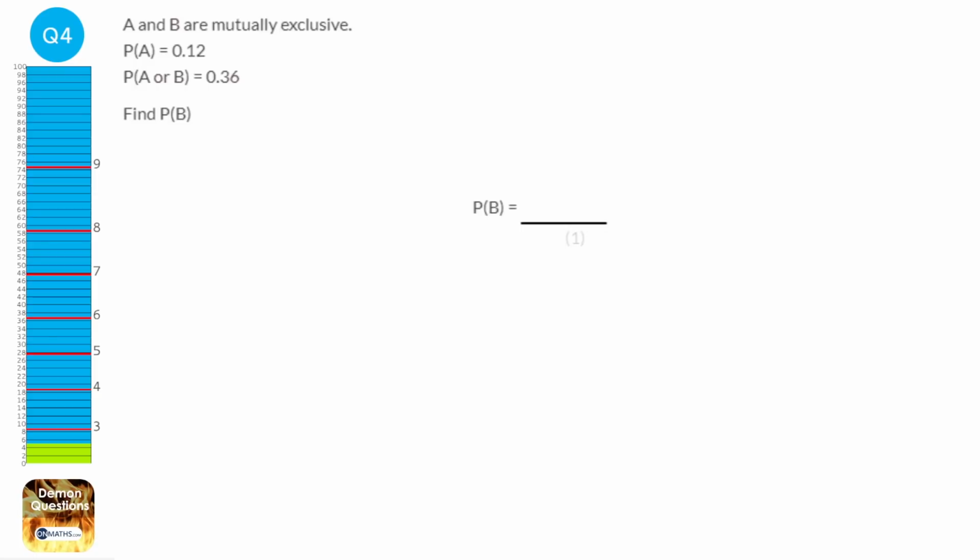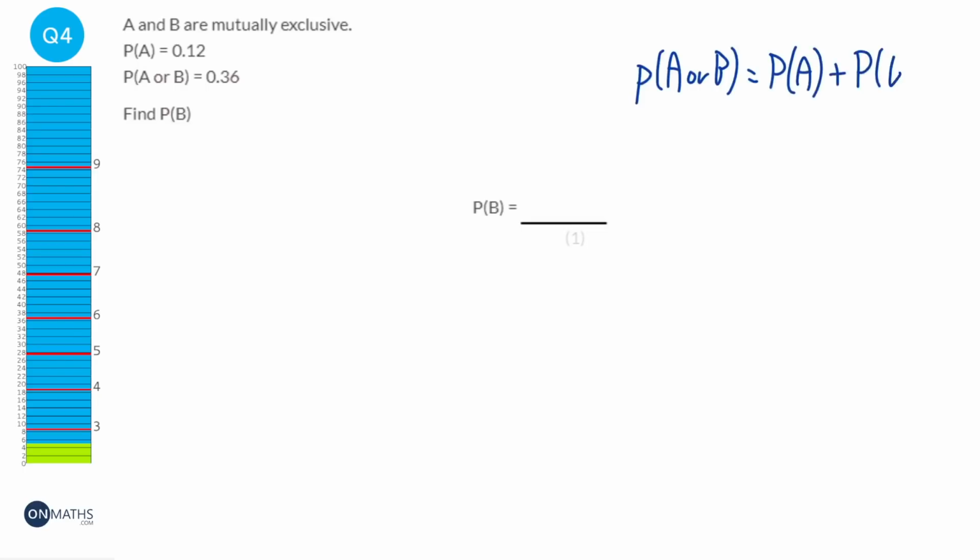For mutually exclusive events A and B, the probability of A or B is equal to the probability of A plus the probability of B. Now we're given the probability of A or B, which is 0.36, and we're given the probability of A, which is 0.12.